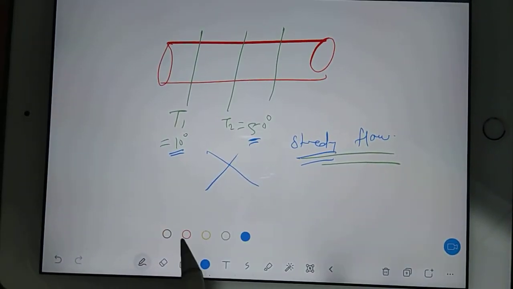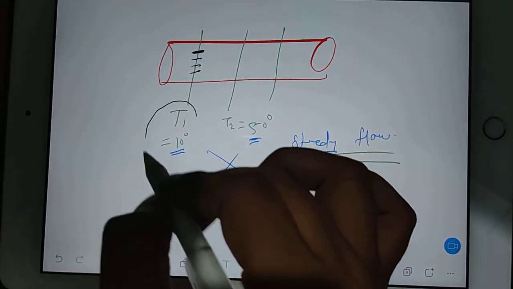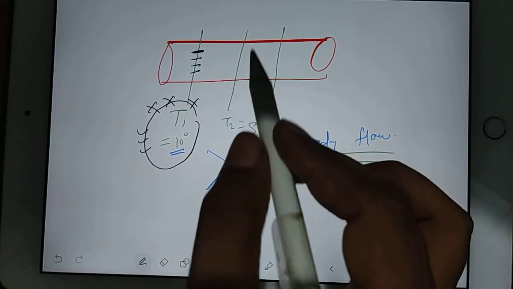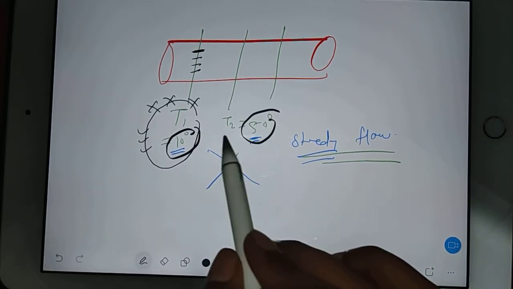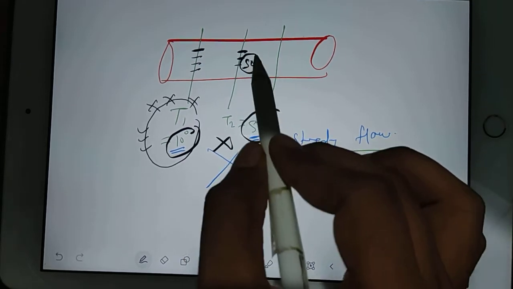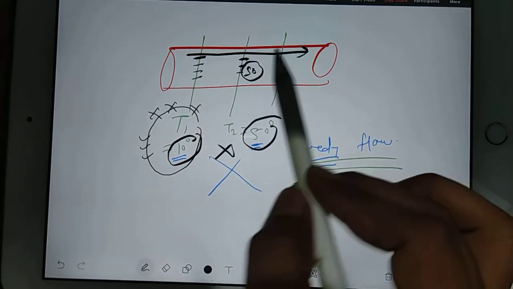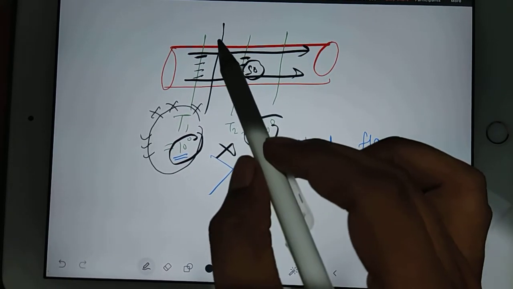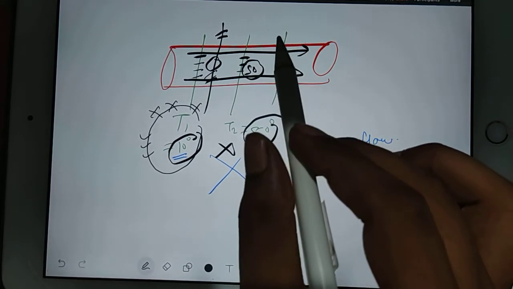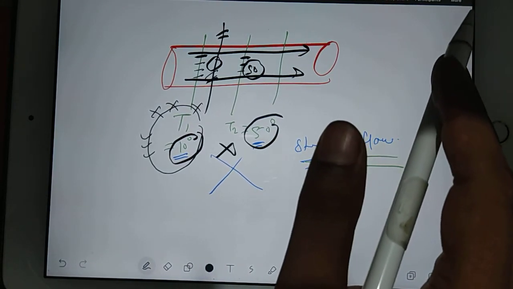The answer is no. We are saying at any location, once you got your temperature 10 degrees Celsius, this should not change with time. Whether this 10 is matching with 50 or not, that is not our discussion. Our discussion is, once you got 50 here, this 50 should not change. That is the meaning of steady flow. Properties can change on the way, but at a particular place, whatever property you are getting, that property will not change in itself. Guys, clear? Gaurav?